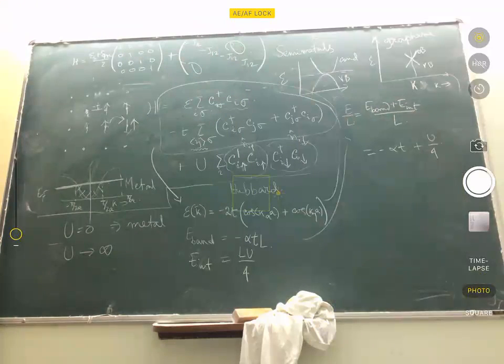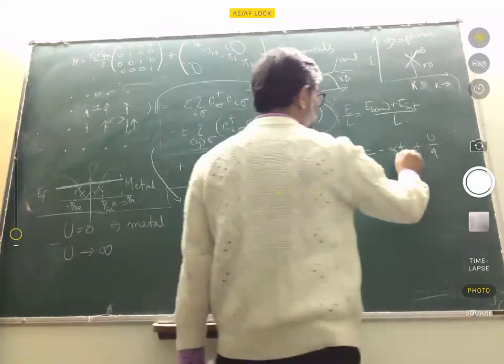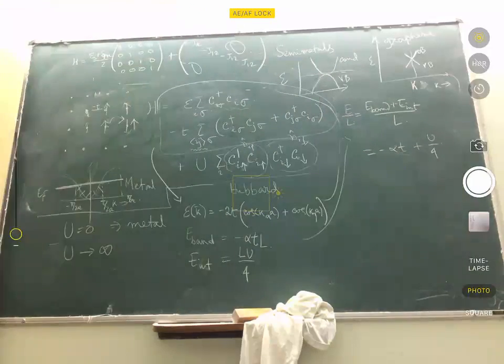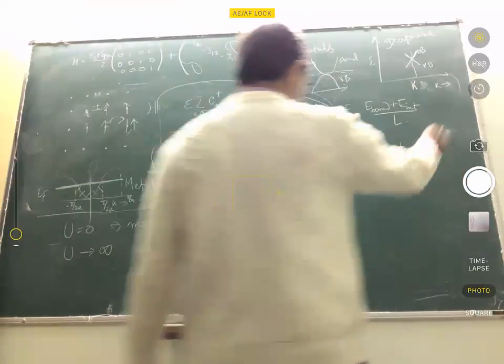Now, when U is 0 or small, the band term will dominate. But as U starts increasing, the interaction term will become larger and larger.